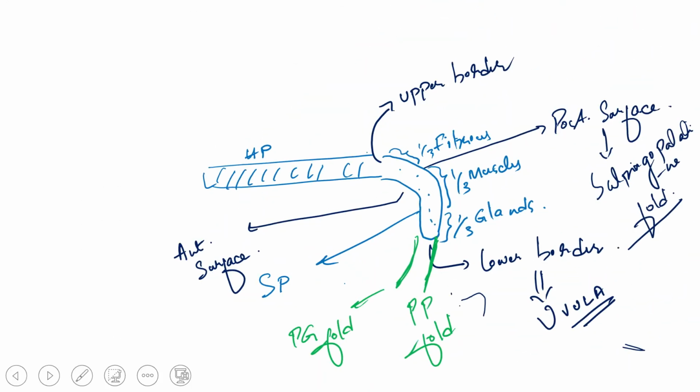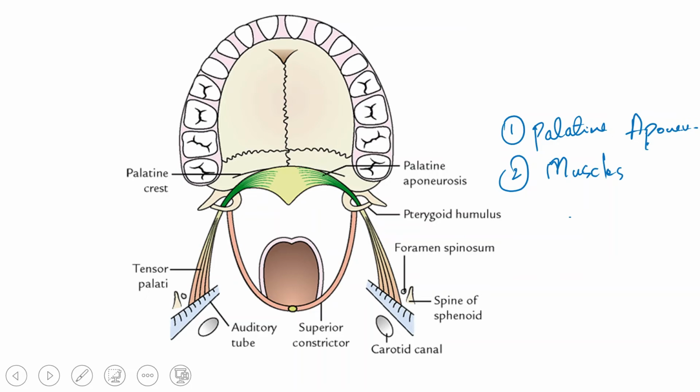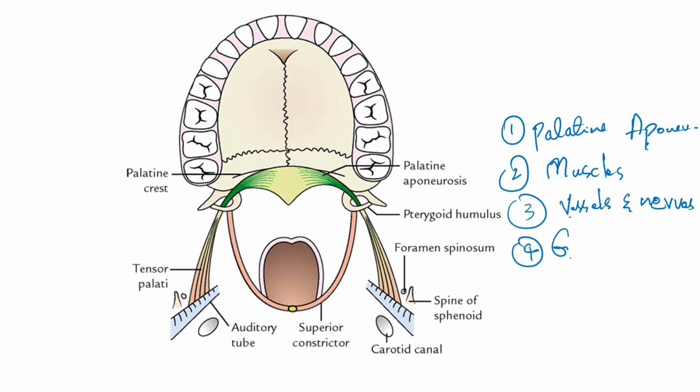Other than the palatine muscles, the soft palate contains the vessels and the nerves, along with the glands, which are named the palatine glands. So these are the components of the soft palate. We'll look at each component one by one.